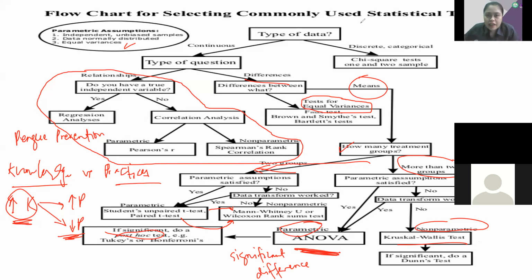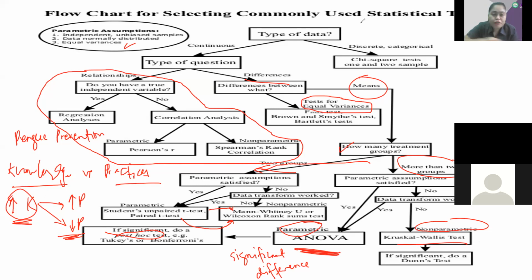Okay? So again, ito yung ating flowchart na ginagamit to know the correct statistical test that we are going to use for the analysis and interpretation of our collected data, especially in research. Questions or clarifications regarding this?